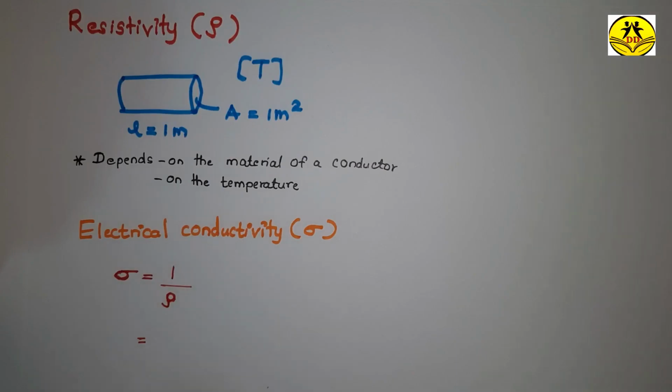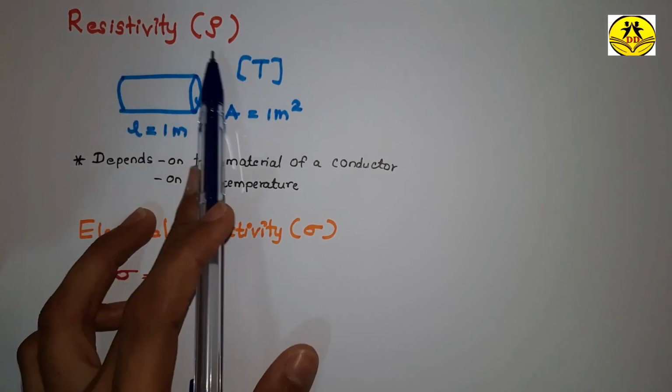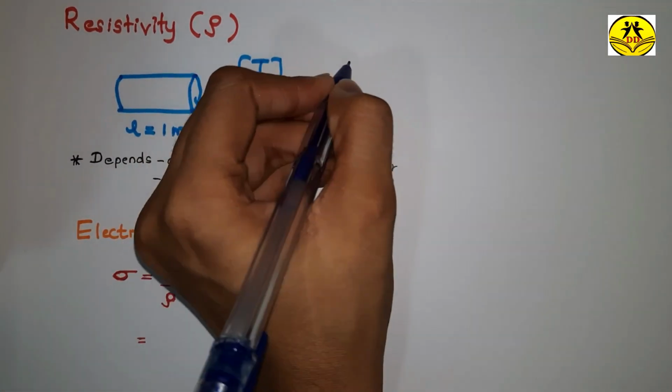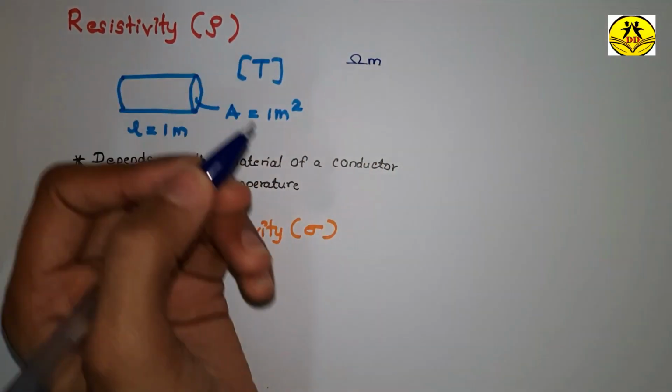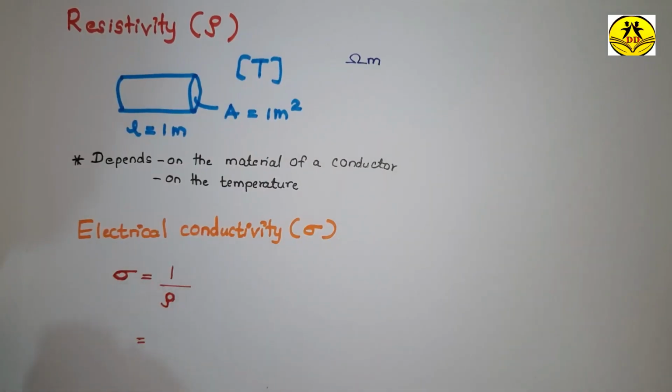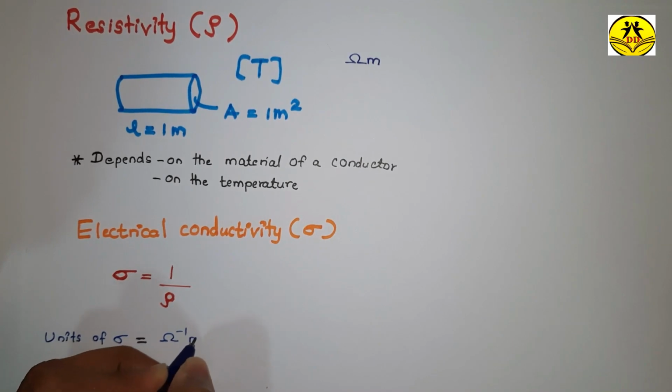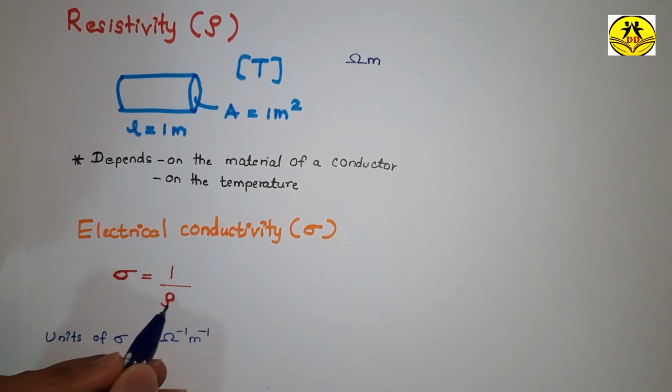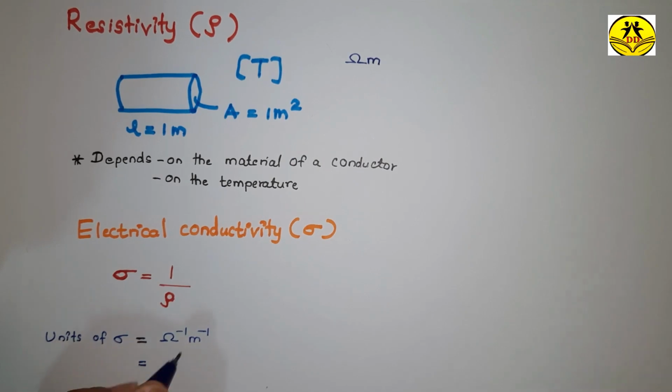The units of resistivity is ohm meter, and the units of electrical conductivity is per ohm per meter, the inverse of the units of resistivity. Per ohm is actually called Siemens. So Siemens per meter.